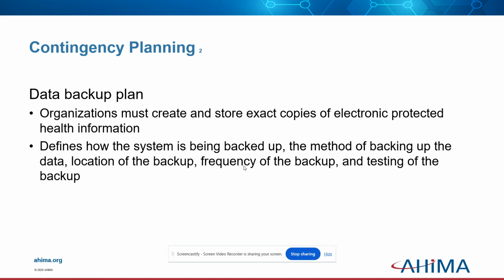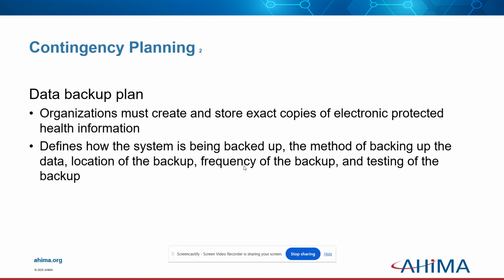All organizations need to have a level of a data backup plan. So, how do you create and store exact copies of electronic protected health information? How often? Where are they stored? Who has access to that? And so that defines how the system is being backed up.